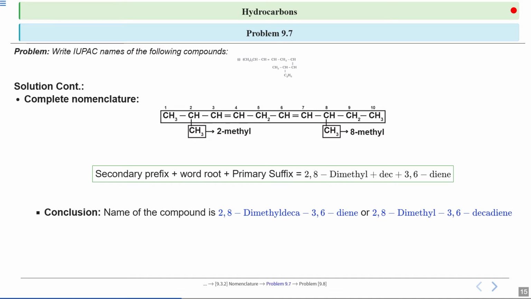If you combine all of this together, you will get the complete name as 2,8-dimethyl deca-3,6-diene, or we can also write it as 2,8-dimethyl-3,6-decadiene. Either you can place this 3,6 before diene or before deca. Both are correct in a way.